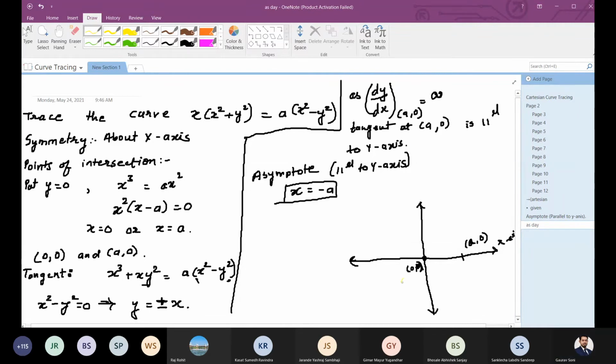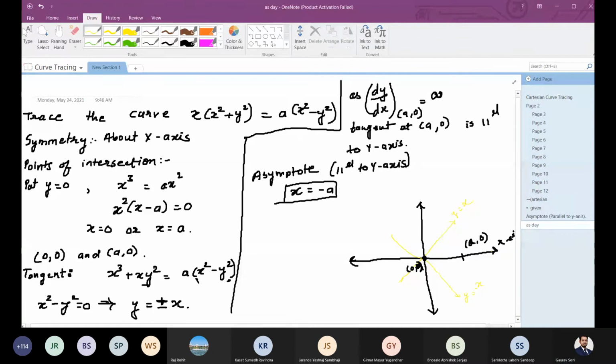One is like this, the line y equal to x, and the other is like this, y equal to minus x.